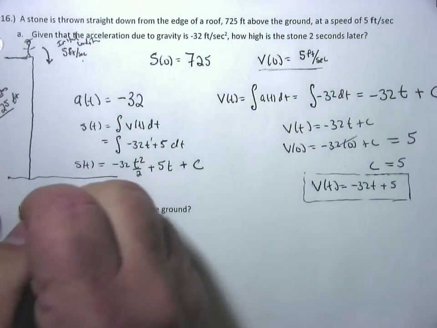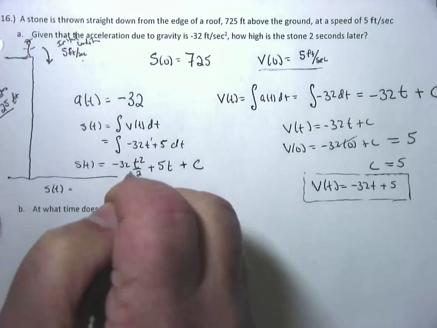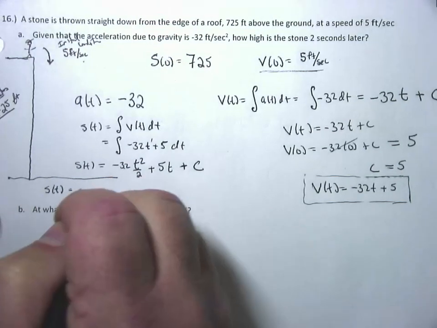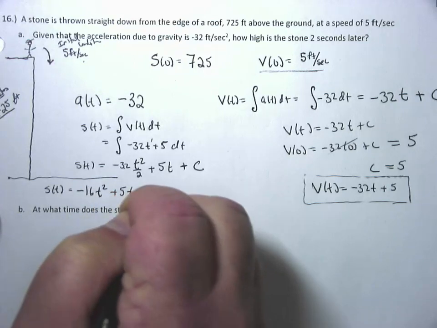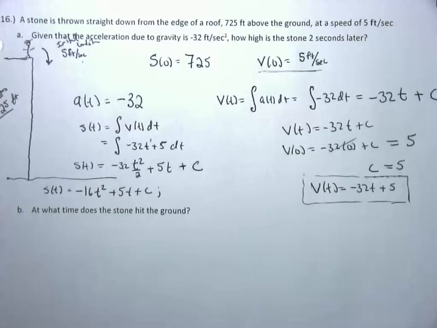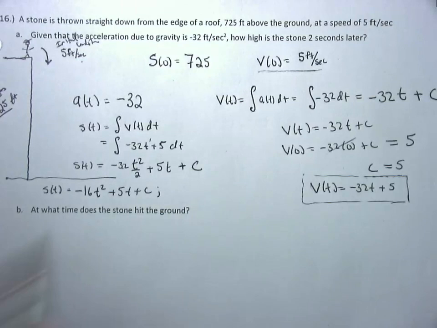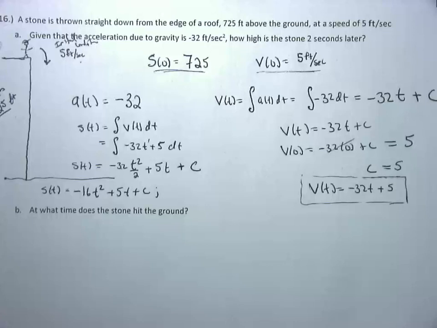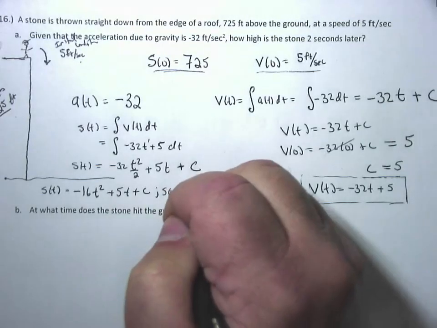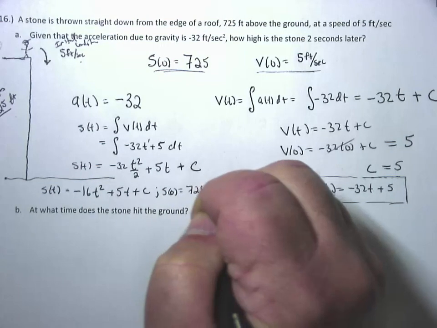Cleaning it up, this gives me s of t is equal to, 2 goes into negative 32 negative 16 times, t squared plus 5t plus c, and I have an initial condition for position. The initial condition for position was, right at the beginning, we were on top of a building which was 725 feet above the ground. So s of 0 equals 725.